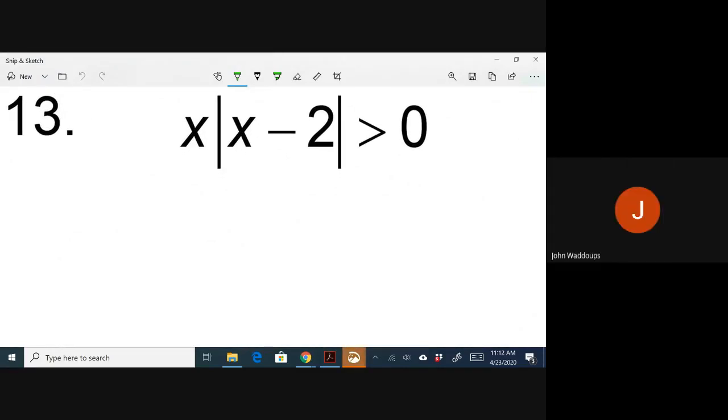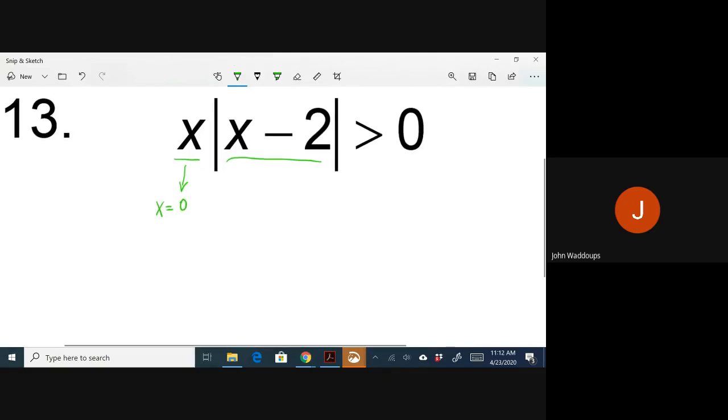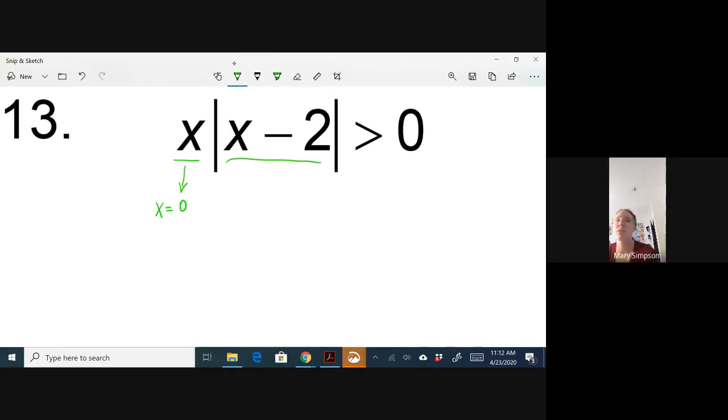Okay, here you can think of this as already being factored. So we've got one factor here and one factor here. This is going to be similar to what we had in that other problem. So here x equals 0. X minus 2 will be x equals 2.